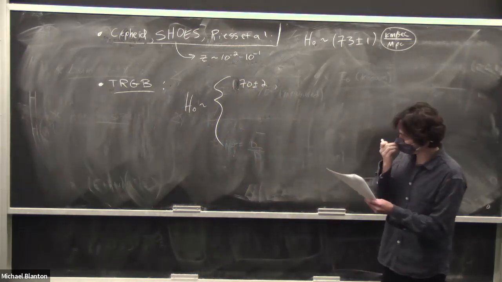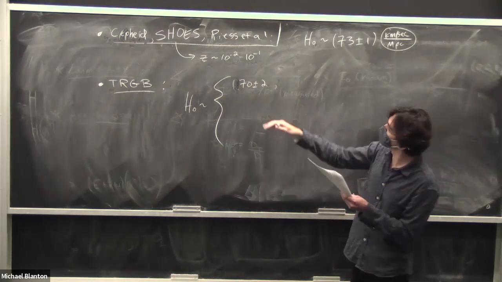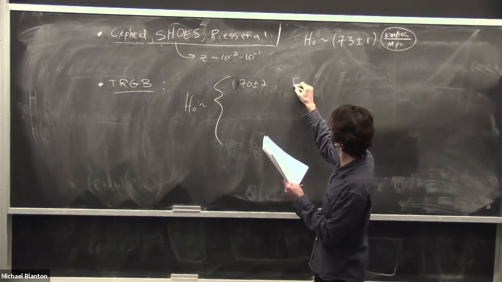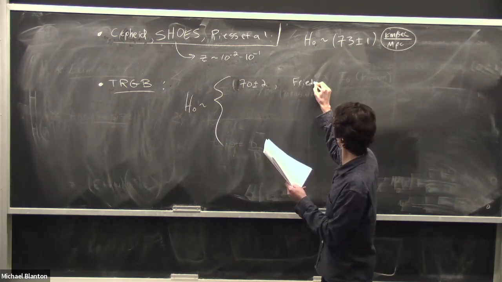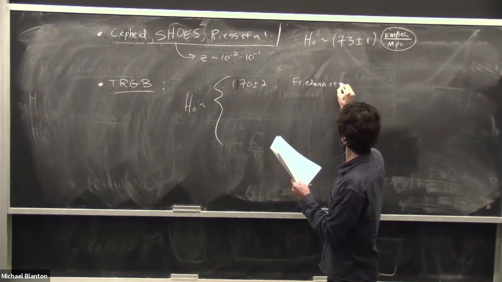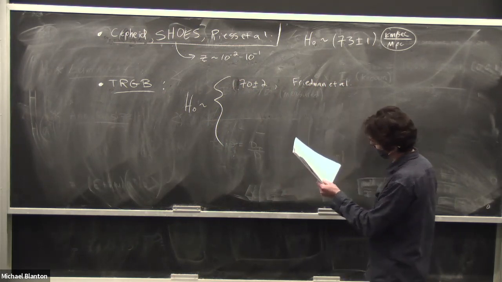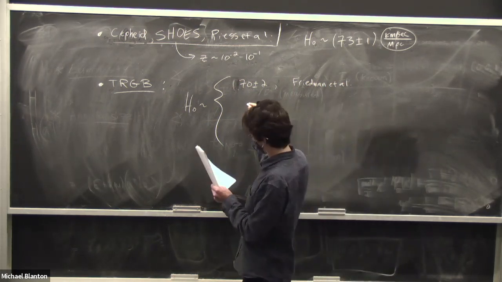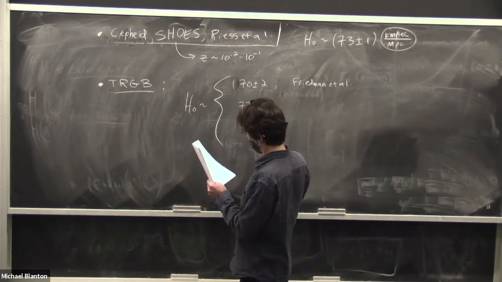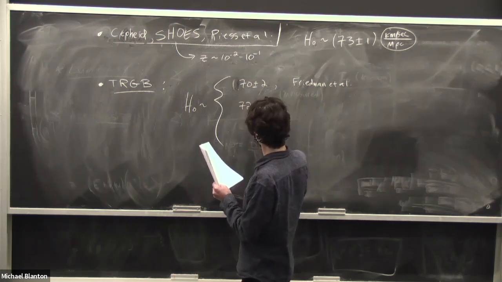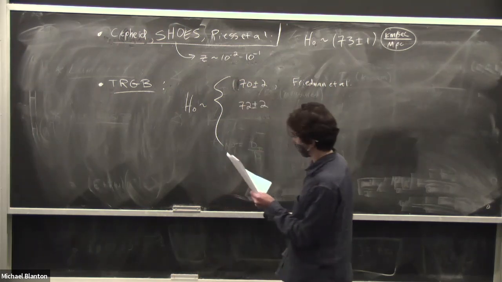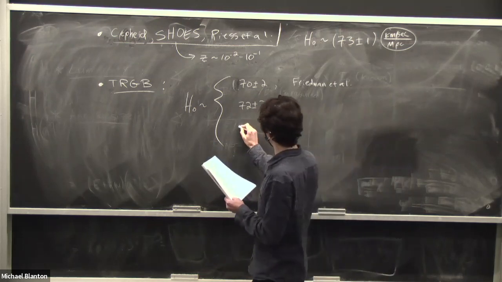So one group reports a measurement of around 70 plus or minus 2. This is Wendy Freedman and others. There are a couple of different reanalyses of these kinds of stars with this method. Those get 72 plus or minus 2.